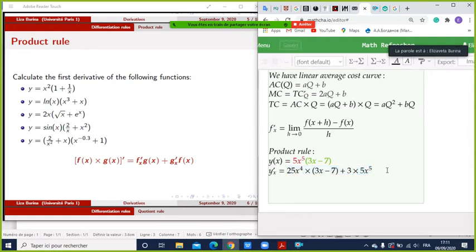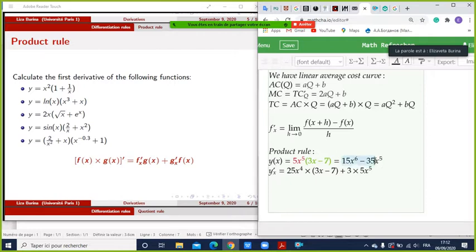Some of you should tell me, why do we need to use the product rule here? We can just rewrite this in black as 15x to the power of 6 minus 35x to the power of 5.